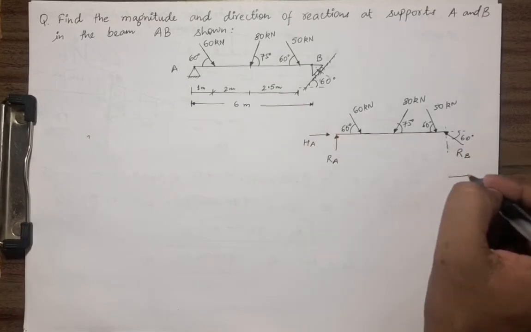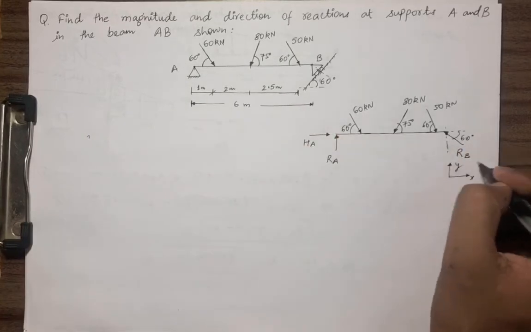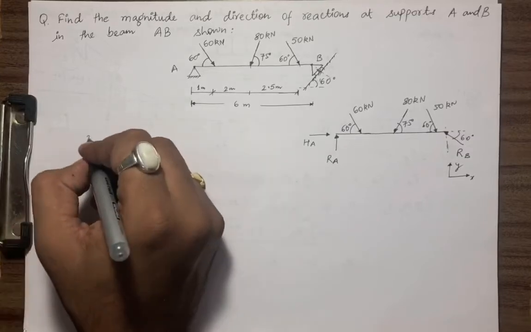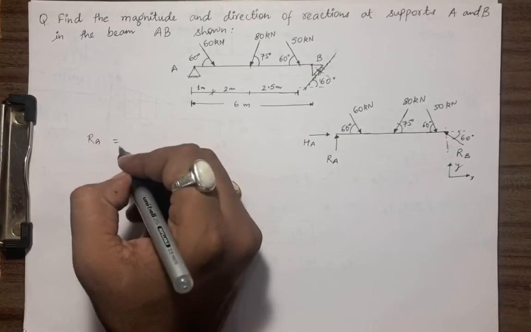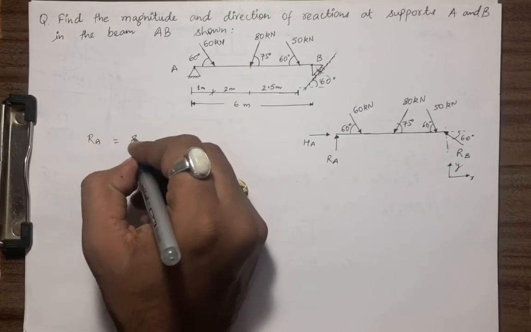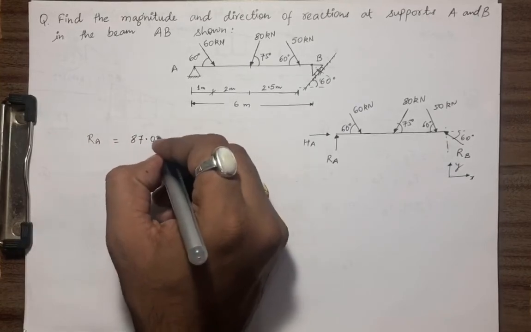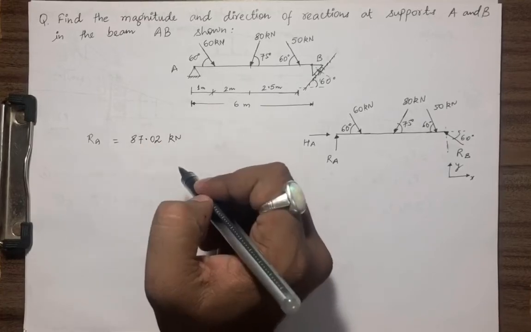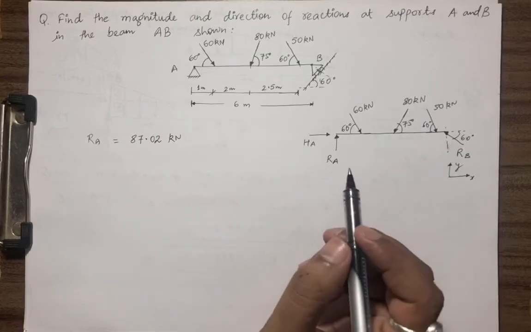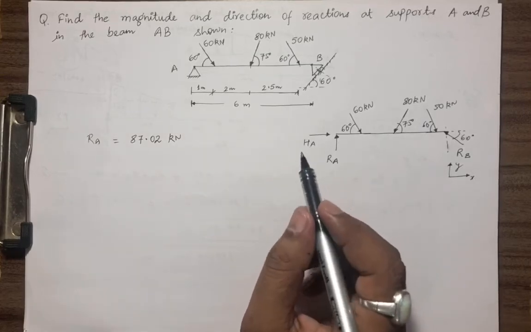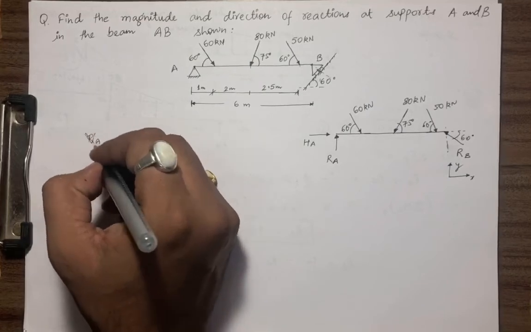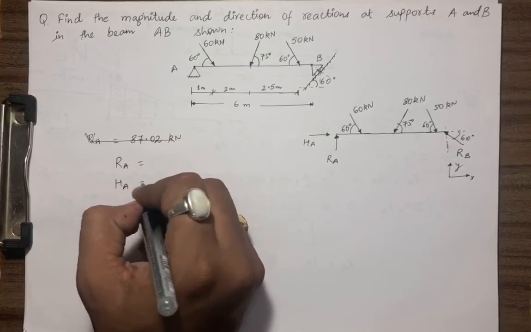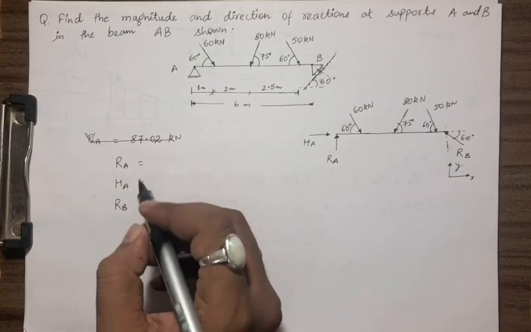So again we are having 3 unknowns. Now I think you are able to solve it properly. Ra, Ha and Rb.